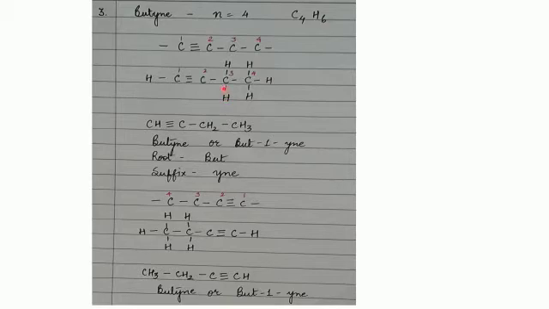So now it has got 2, 4, 6 and 8 electrons. So it is sharing 1 pair of electrons with 2 hydrogen atoms, and it is also sharing 1 electron each with carbon on both the sides. So one single bond with this carbon and one single bond with this carbon.